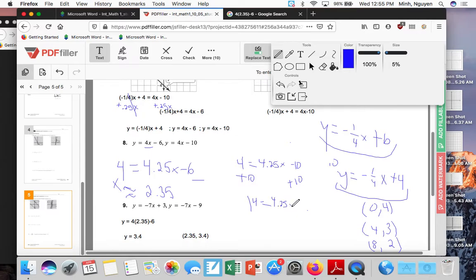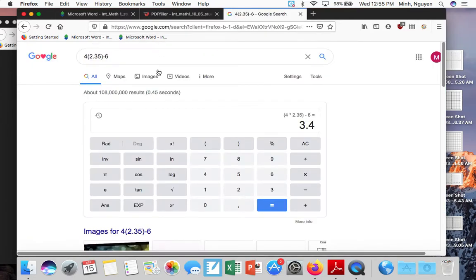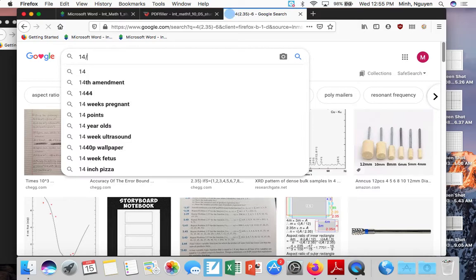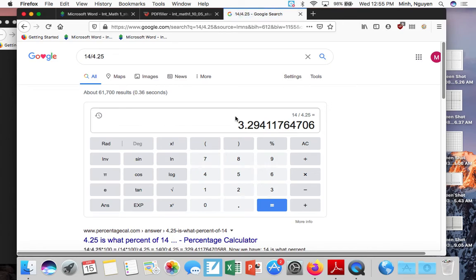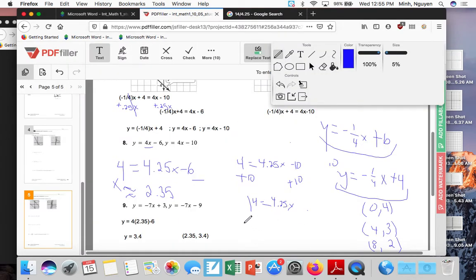To get x by itself, you divide both sides by 4.25. So I'll say 14 divided by 4.25, and I get 3.29.